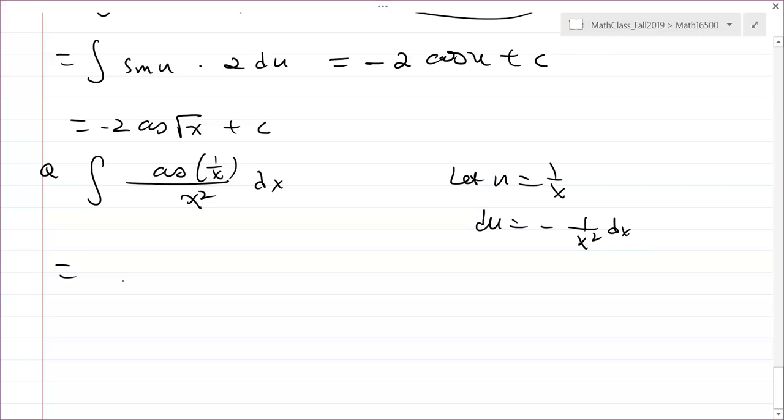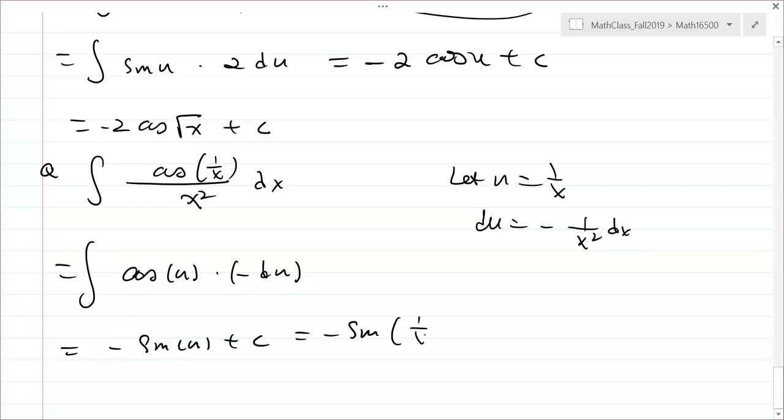So it's the integral of cosine u times negative du. The antiderivative of cosine is sine, so it's negative sine u plus constant. Sine u is sine of 1 over x, plus constant. So that's it.